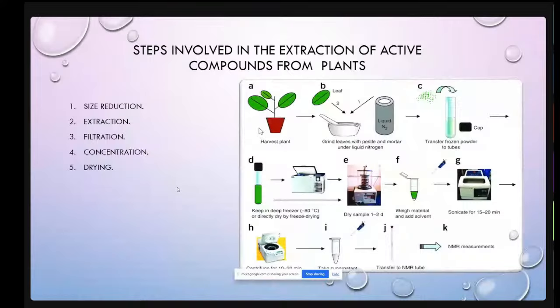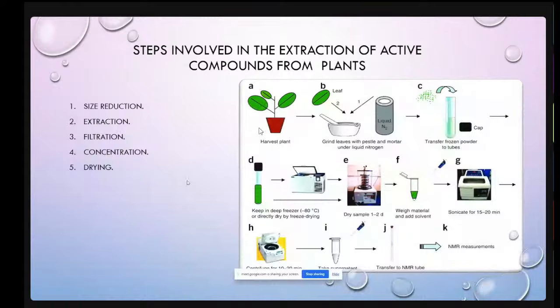Then we have to grind it. After it becomes a powder, we can transfer it to a tube with a cap. This tube with cap can be deep frozen at minus 80 degrees to complete drying in a lyophilizer or freeze dryer.